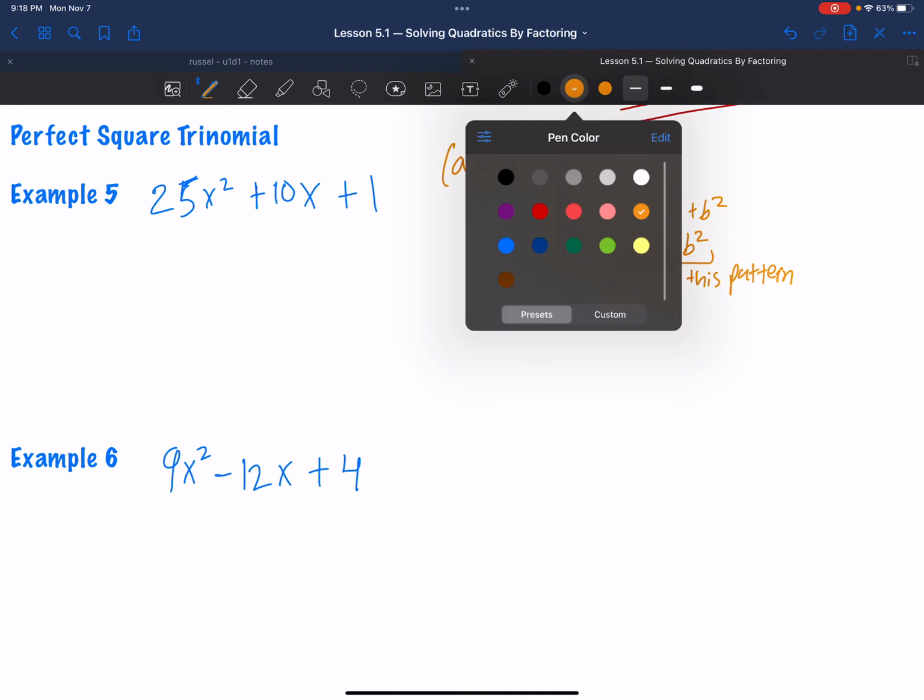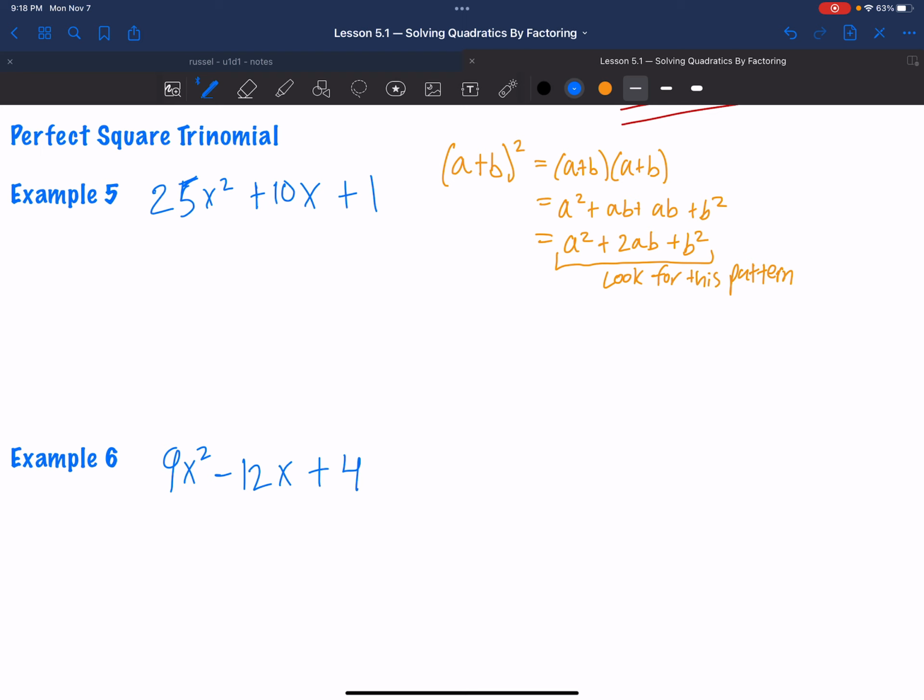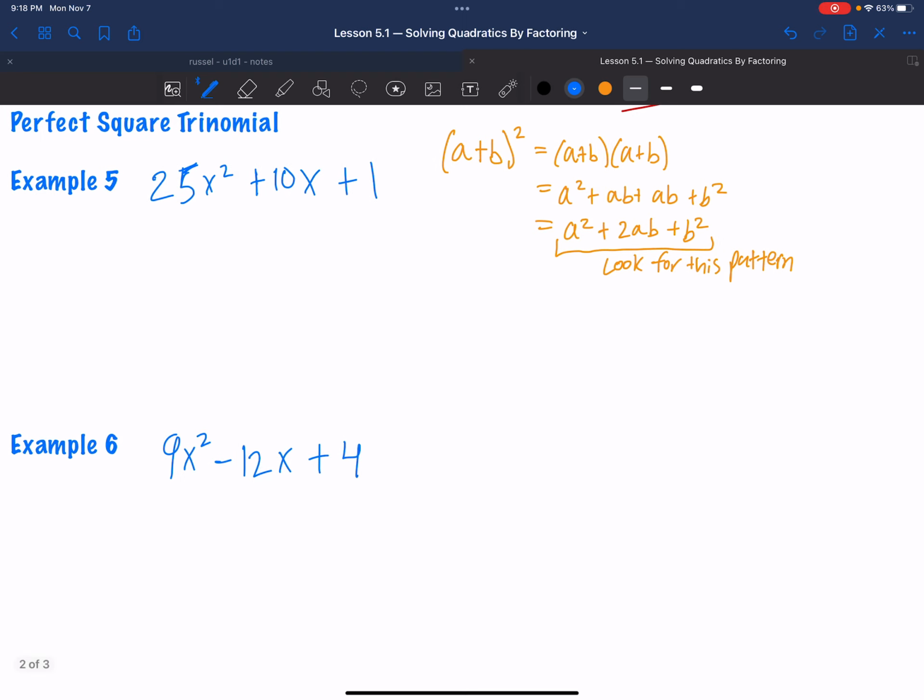So now looking at 25x squared plus 10x plus 1, I want you to notice 1 squared is 1, and 5 squared is 25. So I could look at this as 5x quantity squared plus 10x plus 1 squared.